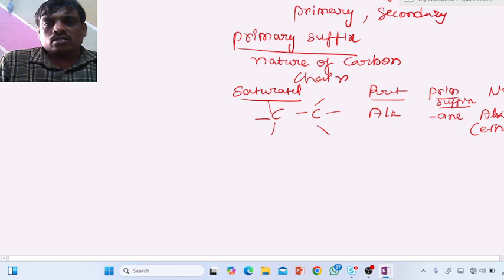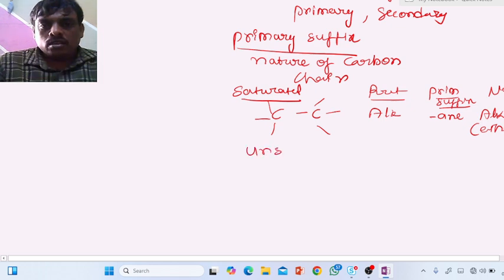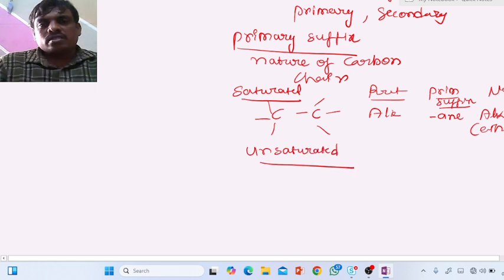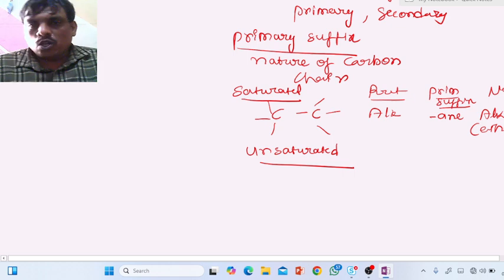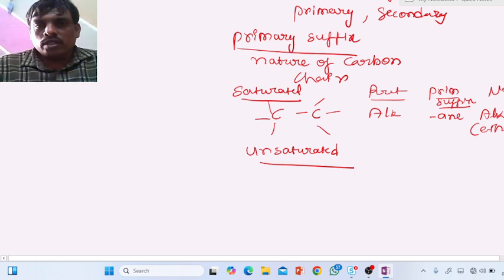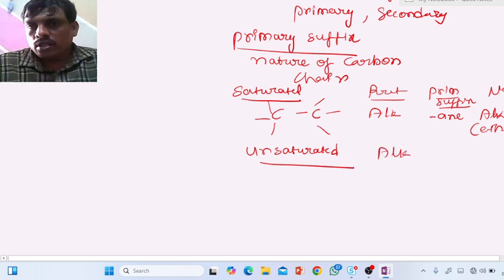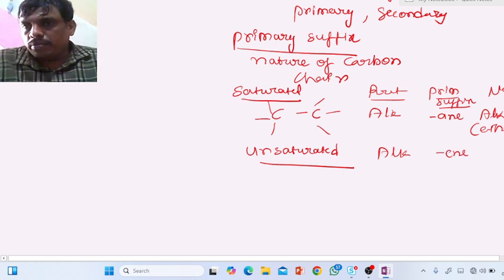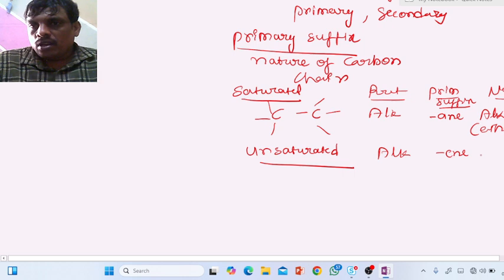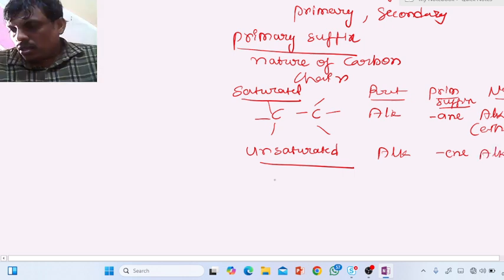One more example, let us take unsaturated hydrocarbons, unsaturated organic compounds. The root word here is alk, the primary suffix is ene, hence the name will be alkene.